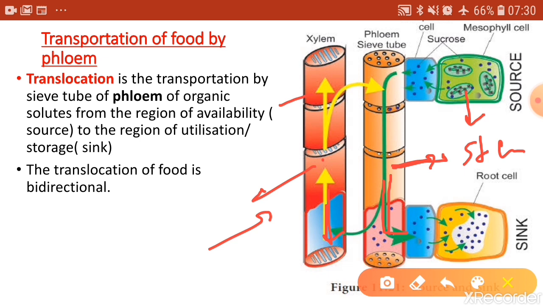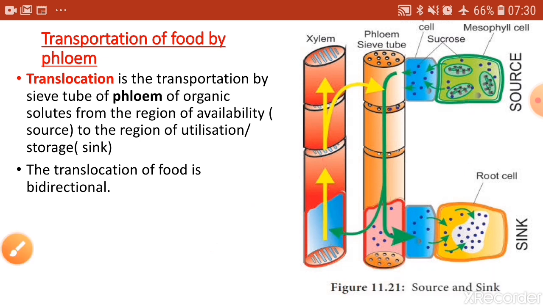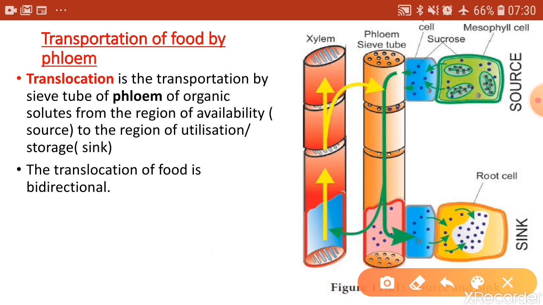Now first let us know what translocation of food is. The term that we use for transportation of food is translocation, and translocation is transportation of food or organic solutes by the sieve tubes of the phloem, with the help of companion cells.